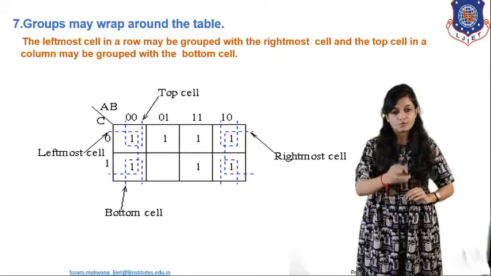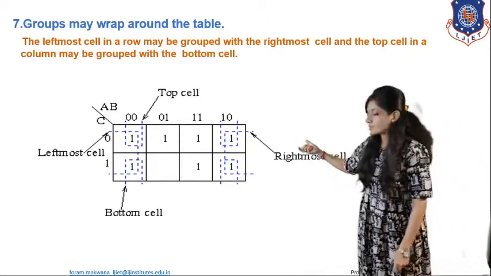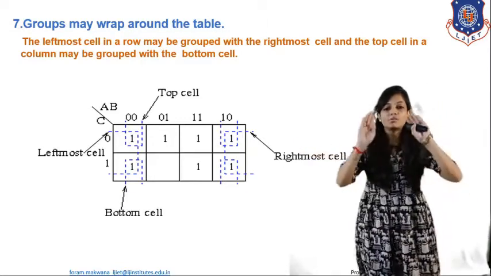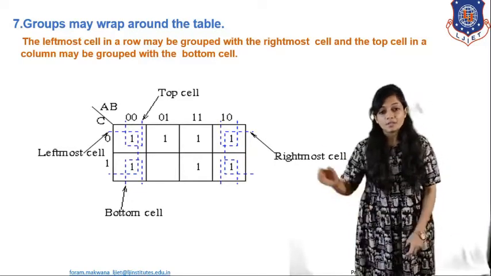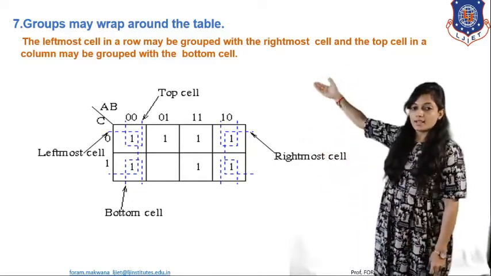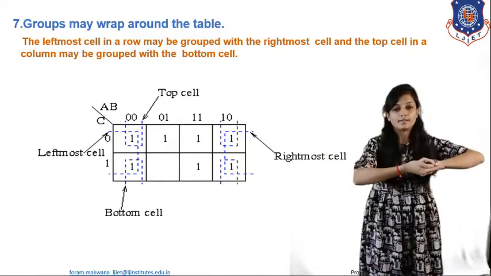You can see over here, the rightmost cell and the leftmost cell are going to be merged or wrapped like this, horizontally, and the top cell and the bottom cell are going to be merged like this, vertically.